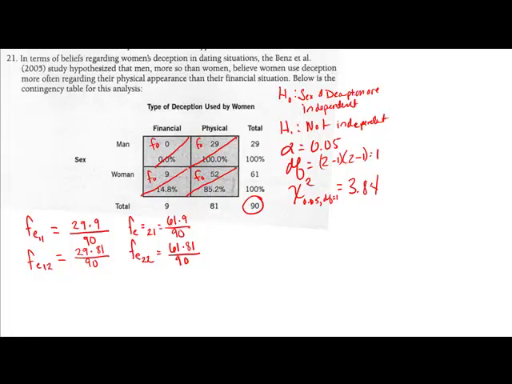So I'm going to grab my calculator and see if I wrote that down correctly. So 29 times 9 is 261 divided by 90 is 2.9. Let's do the next one. Row 1, column 2, 29 times 81 divided by 90, 26.1.